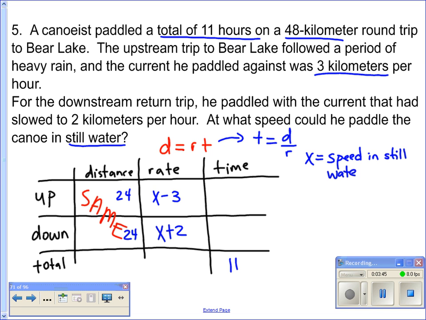So this time here is going to be the distance, which is 24, divided by the rate going upstream, which is x minus 3. And then for the second one, going downstream, it is again the distance, which is 24, divided by the rate, and this time it's x plus 2.